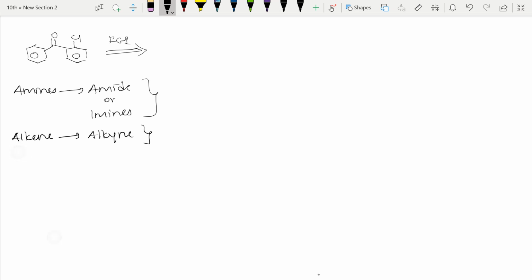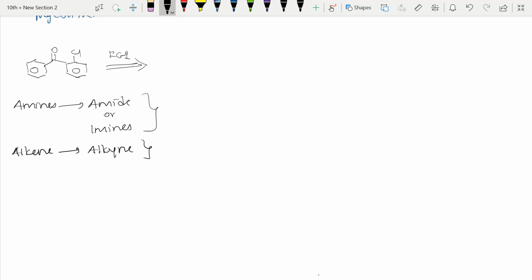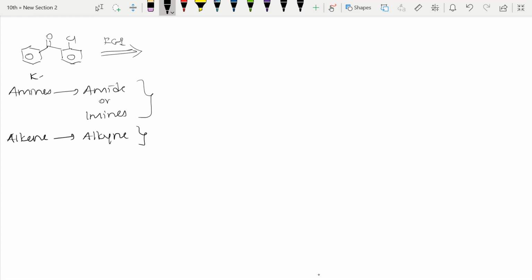Similarly, see here in this example which I have written. Here it is a ketone. This ketone I am going to reduce, and this is nothing but functional group interconversion. So I will convert this into alcohol, OH here.